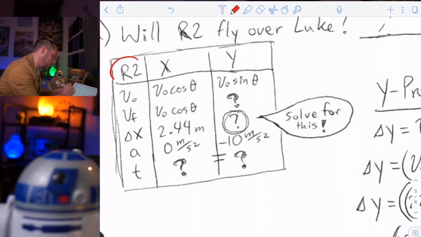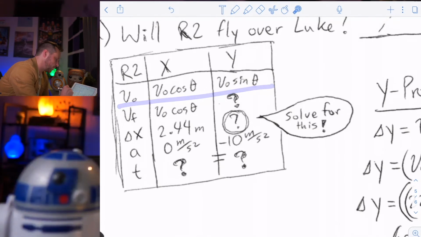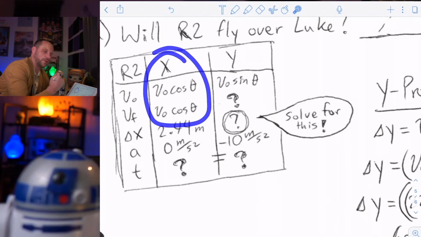So here is my givens table. Here's my givens for R2-D2. Remember, I'm not looking at givens for Luke, and I'm being careful about differentiating vertical and horizontal. So y is vertical, x is horizontal. Initial velocities for both of them, final velocity. Now the final velocity doesn't change from the horizontal, right? So that's why I wrote the same value for both.